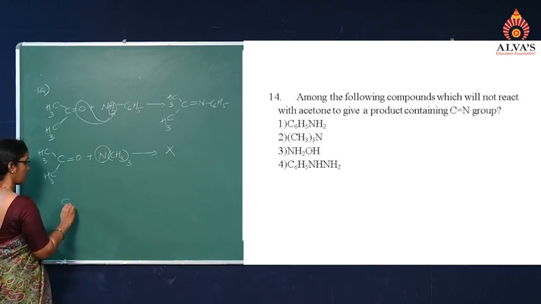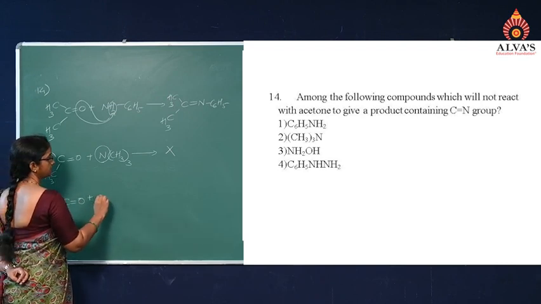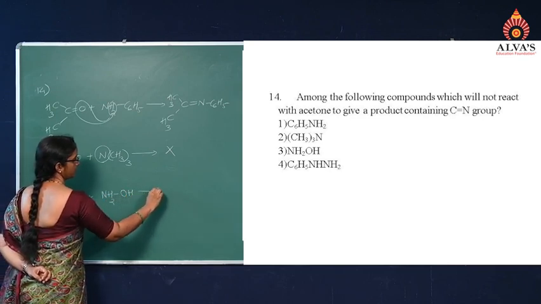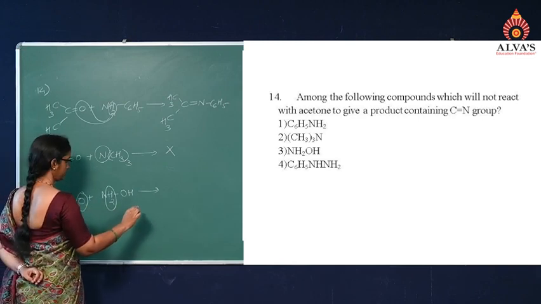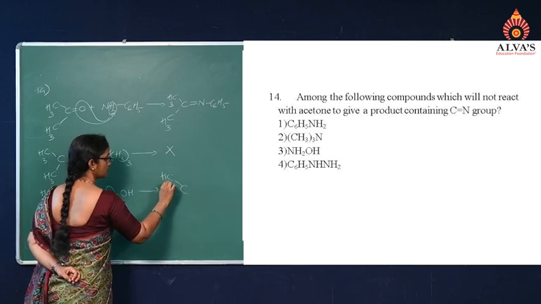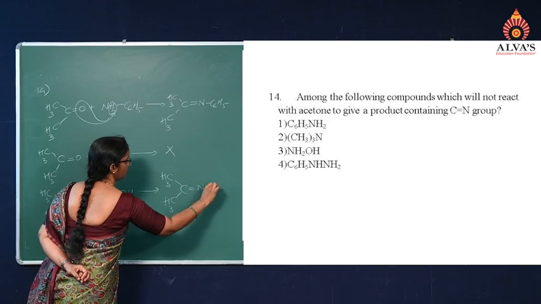Next, acetone reacts with hydroxylamine. Again, it has hydrogen present on nitrogen, water will be removed, and I'll get the oxime as the product, (CH3)2C=N-OH.